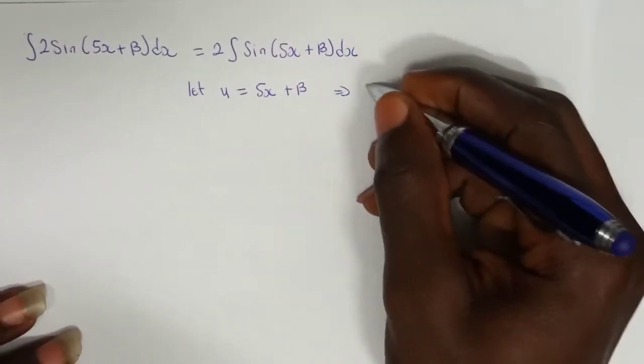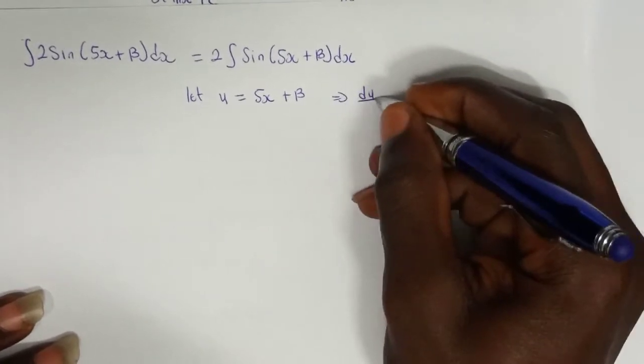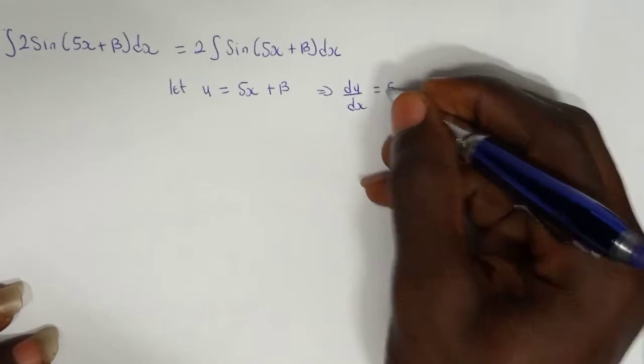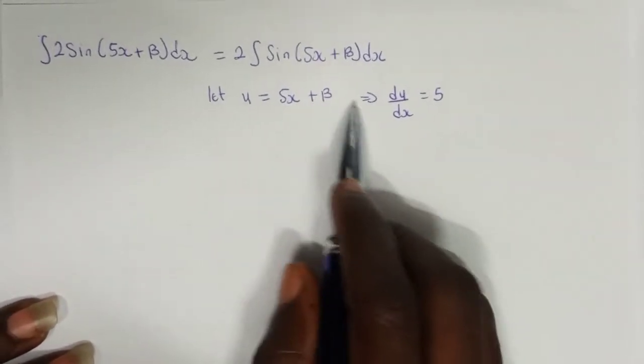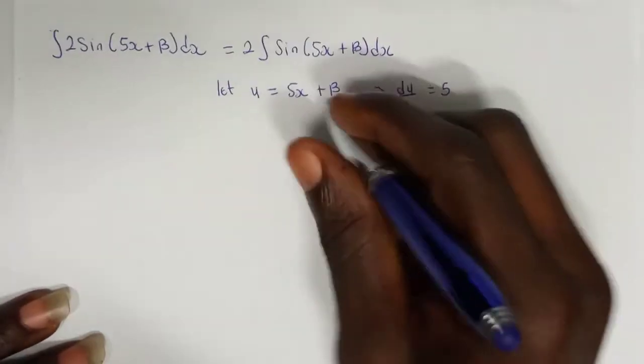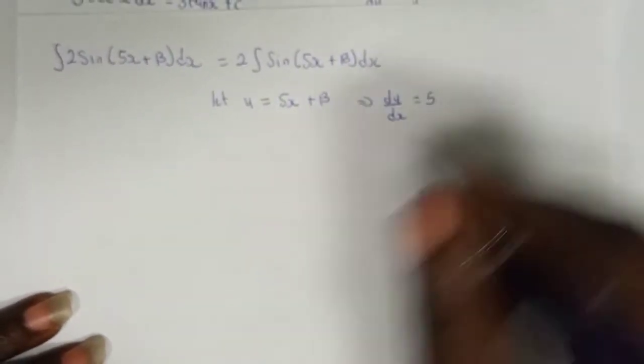This implies du over dx equals 5. This beta here is a constant, so the derivative of a constant is 0.